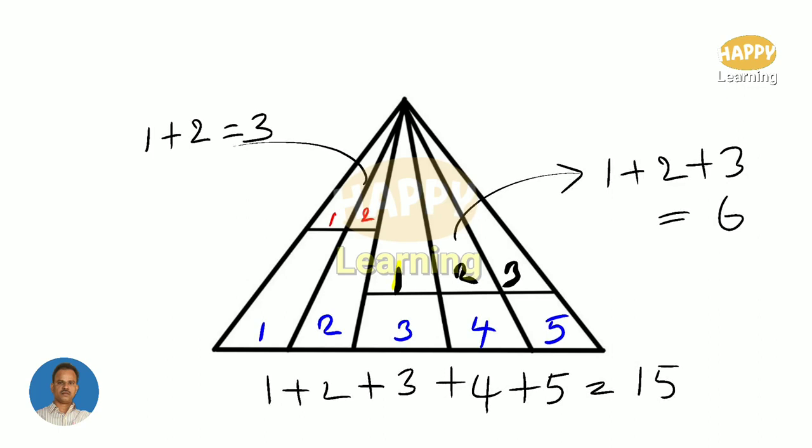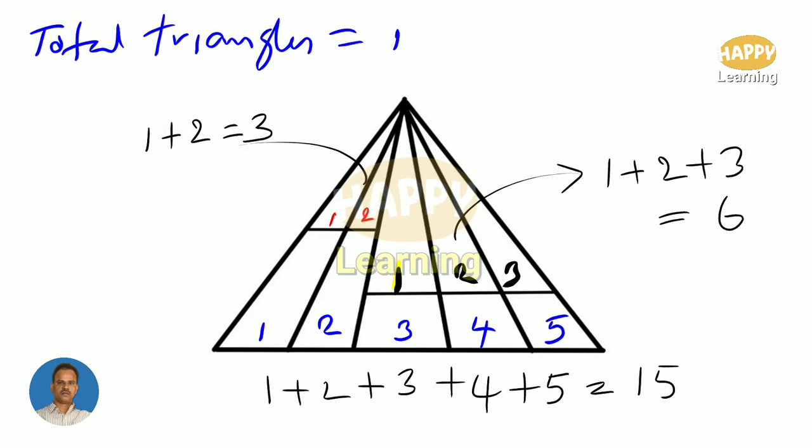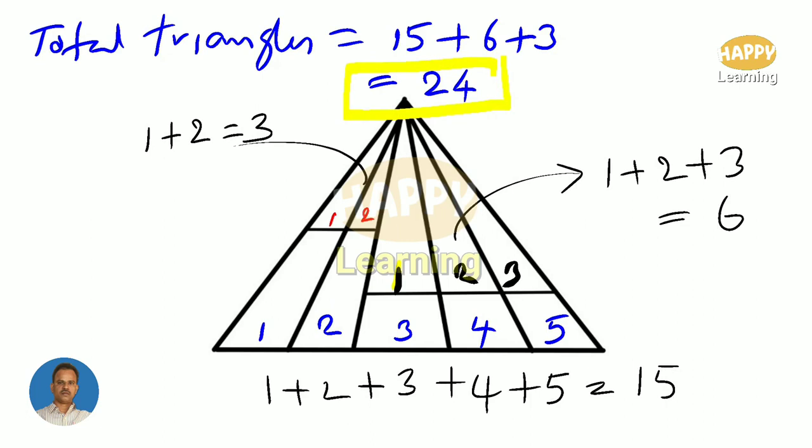So total triangles is equal to 15 plus 6 plus 3, that is 15 plus 6 is 21, plus 3 is 24. Total 24 triangles are there in this diagram.